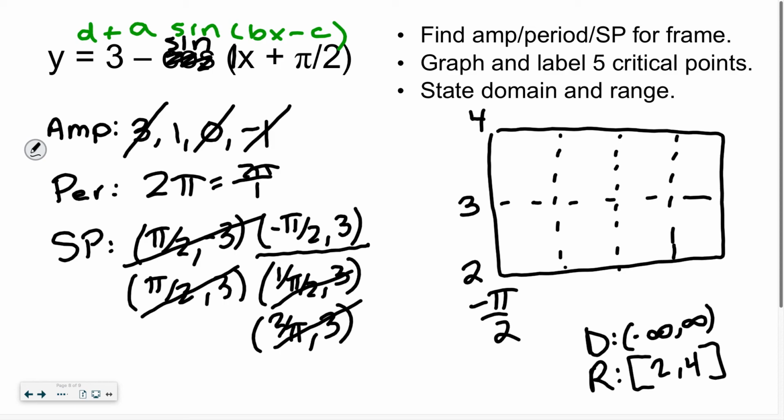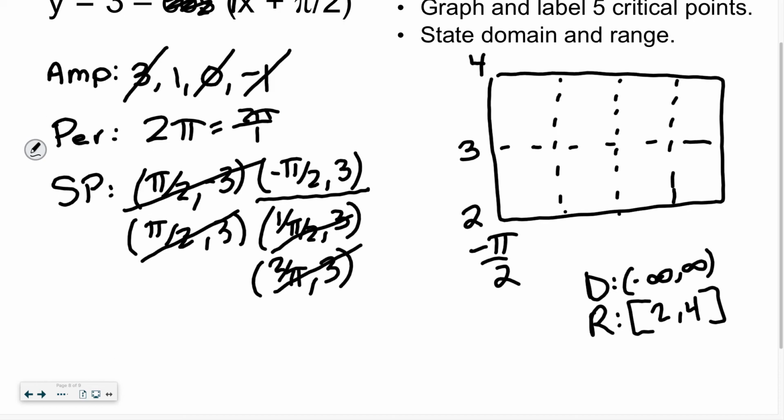Okay. I'm going to use on this one method 2. And I'm not going to show as much work, but take my period, 2 pi, and divide it by 4. 2 pi over 4 is pi halves. So my horizontal spacing is 2 pi over 4, or pi halves.